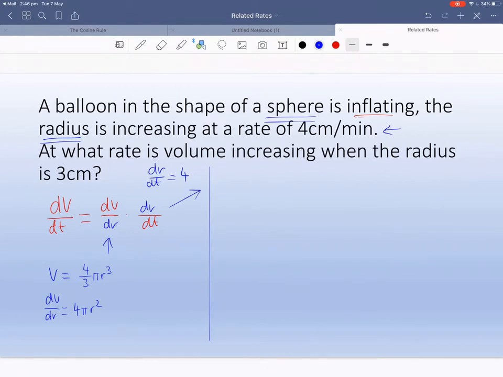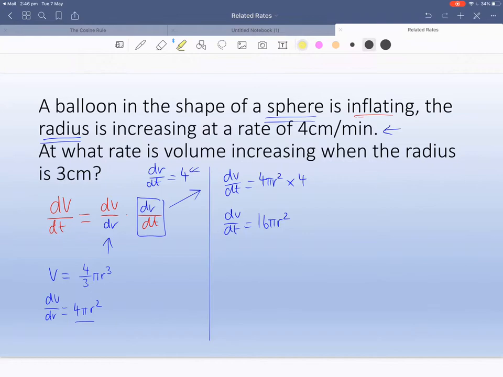So I'm going to put this chain rule over there and I'm going to go dV/dt. Now dV/dr I have here, so I'm going to go 4 pi r squared times, I know what dr/dt is, it's 4, so times 4. So I get dV/dt equals 16 pi r squared.